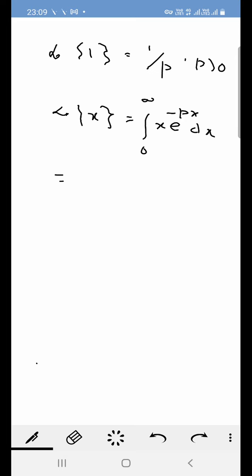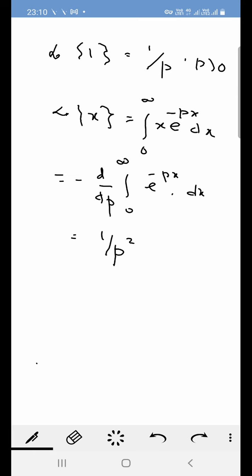So it will be equal to minus d by dp of the integral from 0 to infinity of e to the power minus px, and it will be simply equal to 1 by p square for p greater than 0.